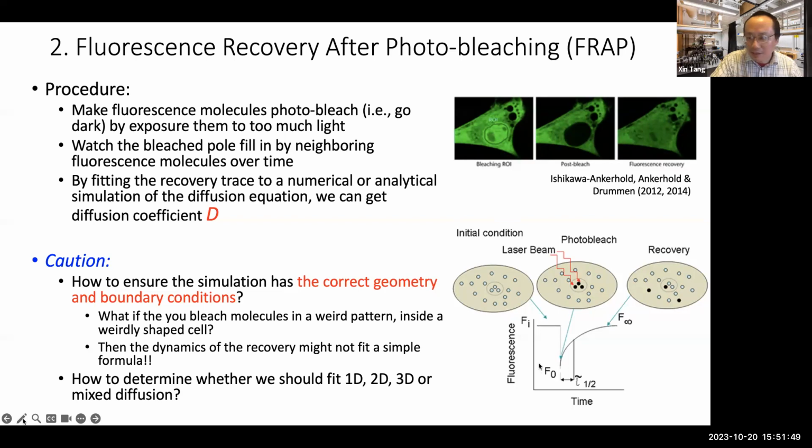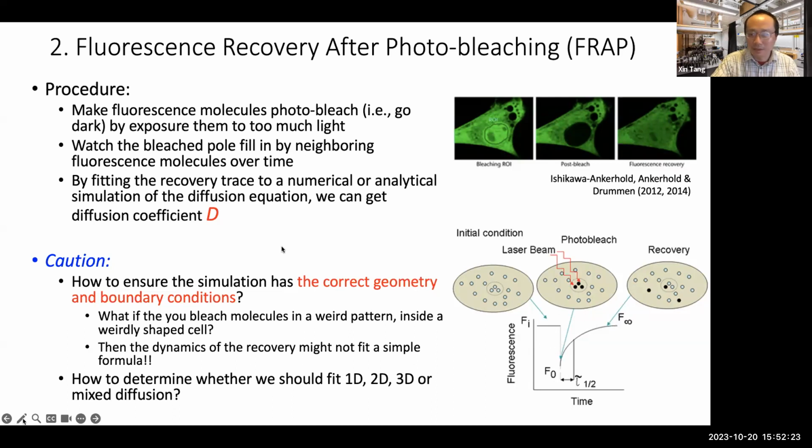And then after you get this data, there are many theoretical equations available. You can use that to derive the diffusion coefficient capital D based on those data. Okay? So in practice, there are several things we need to bear in mind, be careful about when we do this experiment. One is how to ensure the simulation. Simulation is what I mean: using theoretical equations and simulation methods to derive the diffusion coefficient based on the data here.